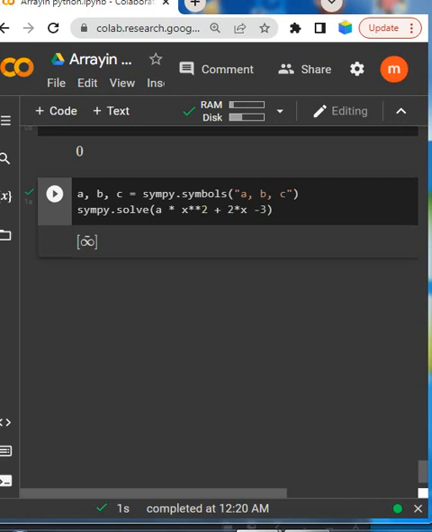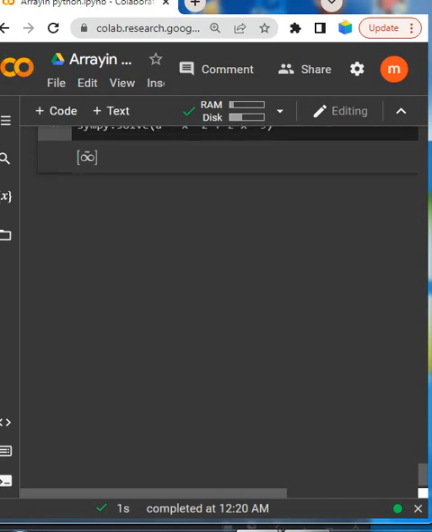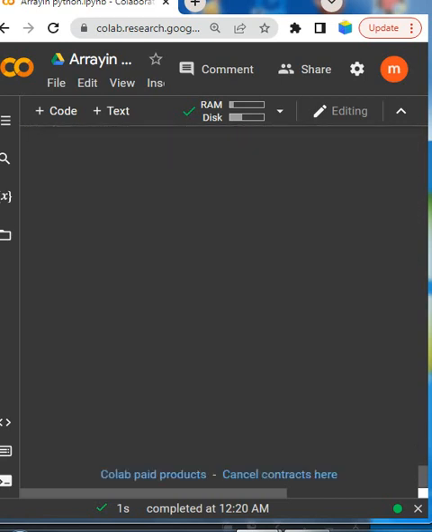It is not printing as equations. So don't worry, sometimes some bugs get changed and something.